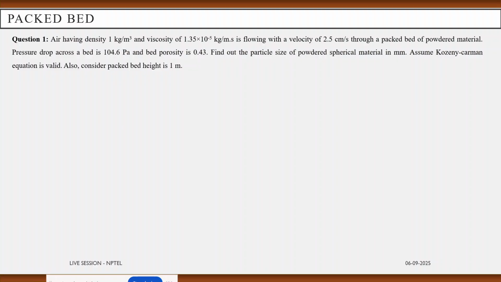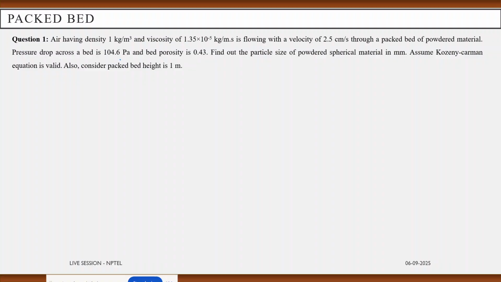The first numerical says that air having density 1 kg per meter cube, viscosity 1.35 times 10 to the power minus 5 kg per meter second, is flowing with a velocity of 2.5 centimeter per second through a packed bed of powdered material.